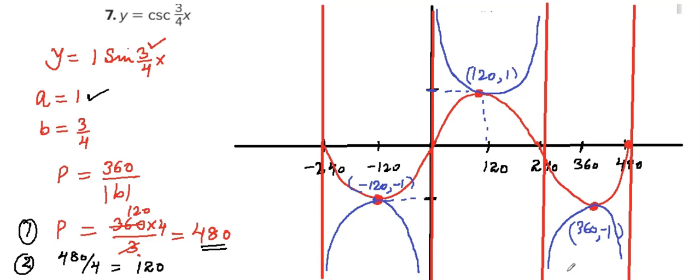Let me draw one more graph. I'm deleting this so you can save for later. Let me draw question number 8 now. Question number 8 is y is equal to cosec 3x. Same steps. So amplitude is 1.